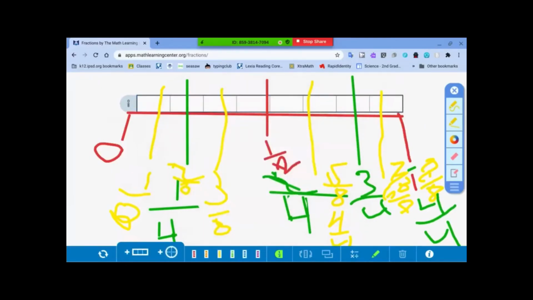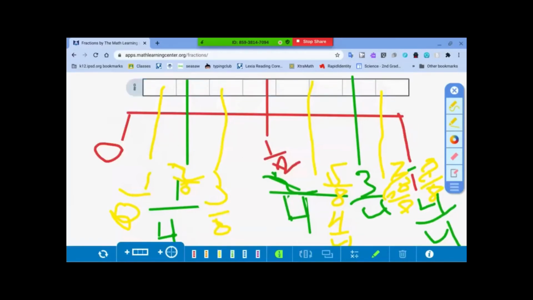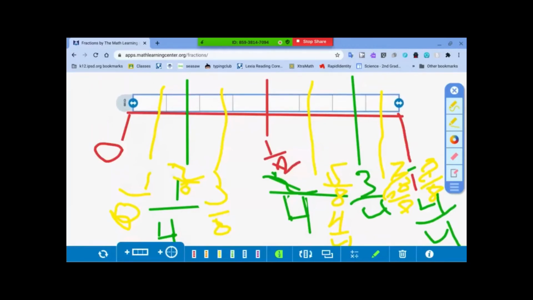And show me where 1/8 is on that. And the first one. Yeah, so would that be the same as 1 whole? No. Color in 1/8.